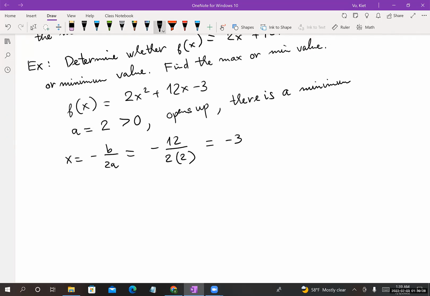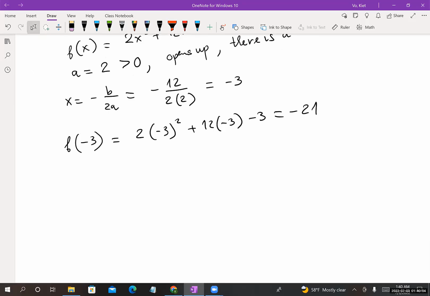Okay, so then let's evaluate f of negative 3. Okay, so here we have 9 times 2 is 18. 18 subtract 36 would give me negative 18, and then minus 3 would be negative 21.